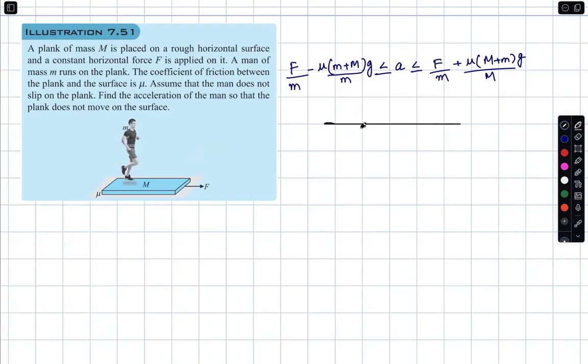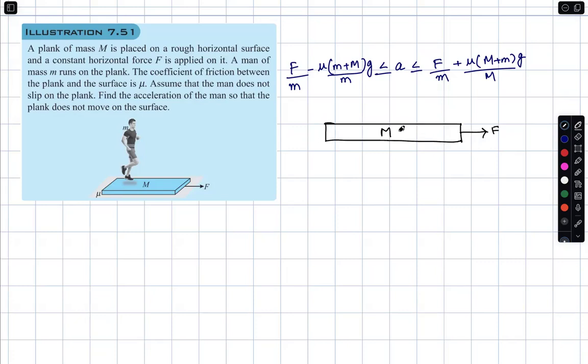Now try to see what is happening to the plank. A constant horizontal force is applied on it. A man of mass m runs on the plank. See, two possibilities are there here.